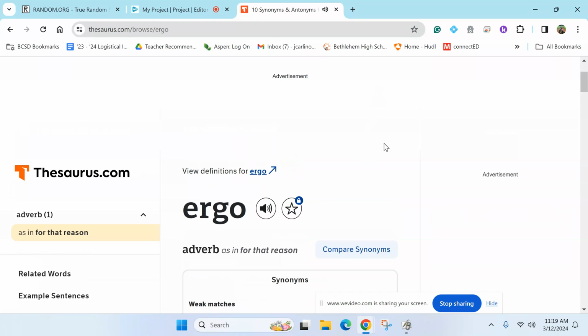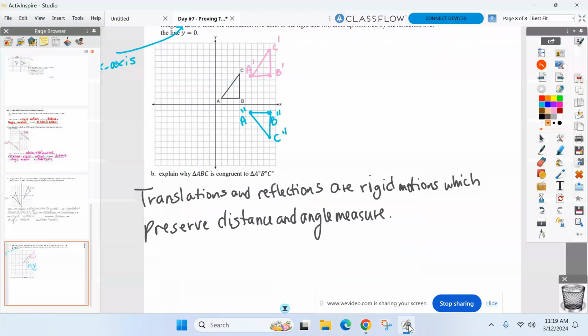All right, so you guys pick. I do not want to see thus anymore. We've gone through all of that. Find something better. Yeah, everybody else is doing it. All right, good. I'm going ergo. Triangle ABC congruent to triangle A double prime B double prime C double prime.